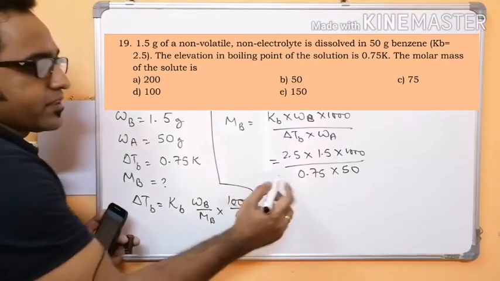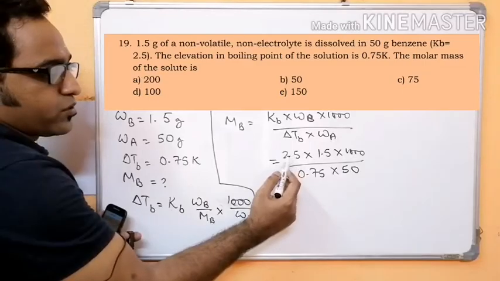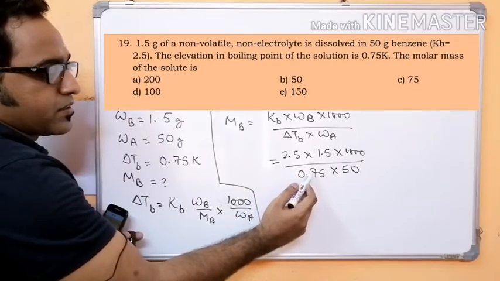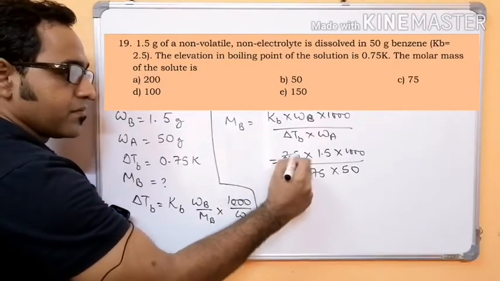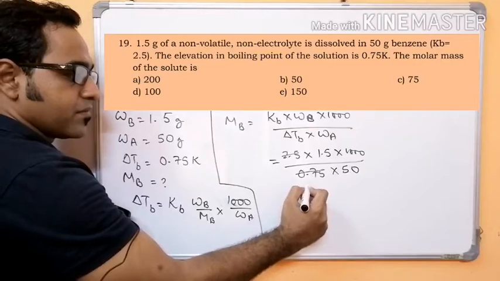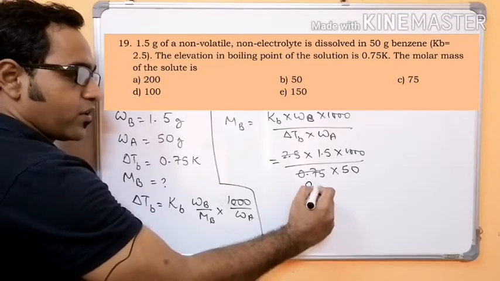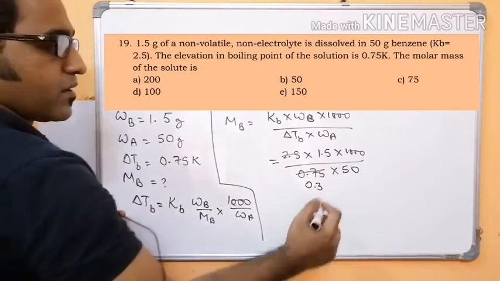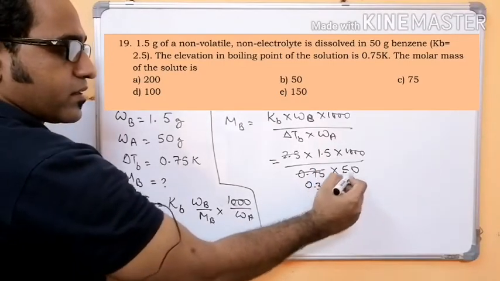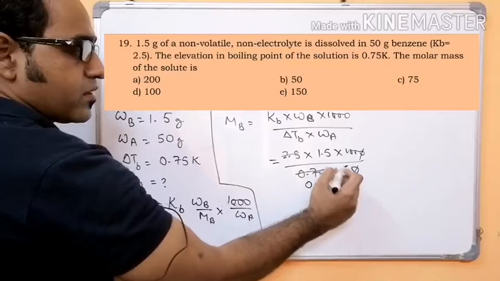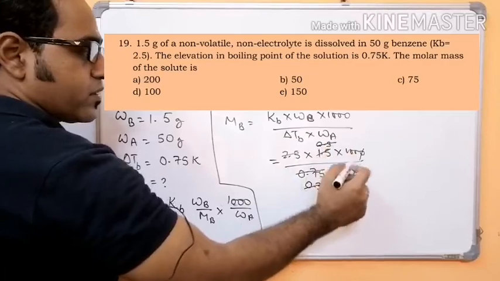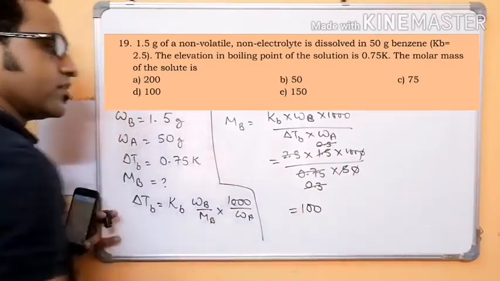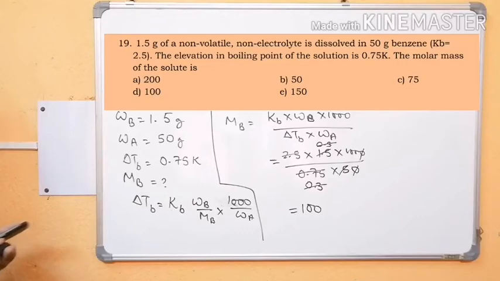So you can solve it like this. 0.3 cancels out, so the final answer is 100. So MB is 100. So option D is the correct option.